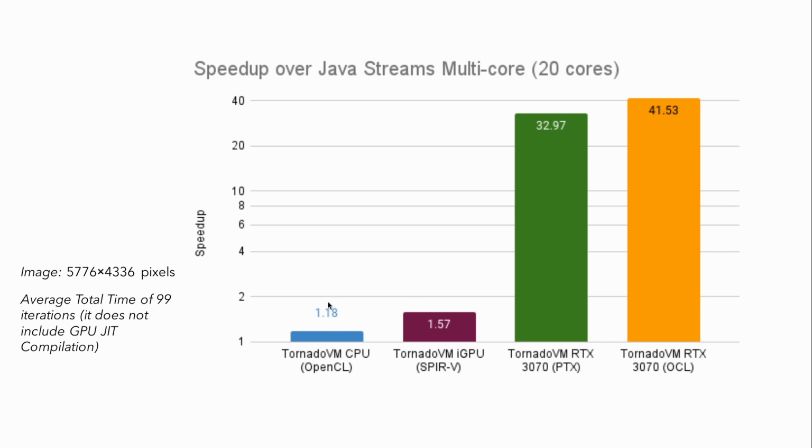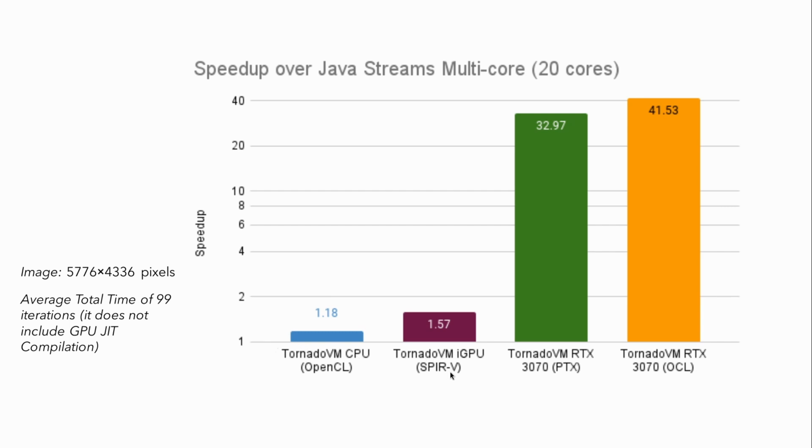So we see that even running Tornado on CPU gives you almost 20% faster than Java multi-threaded. This is because we're using a different compiler. It's a domain-specific compiler and can apply better optimizations for CPU. So if you have a data parallel application that can be expressed with OpenCL, you're going to get slightly higher speedups by using OpenCL, which is quite interesting.